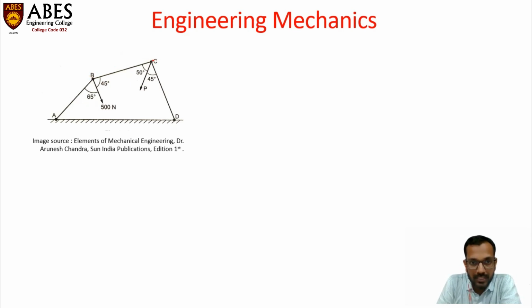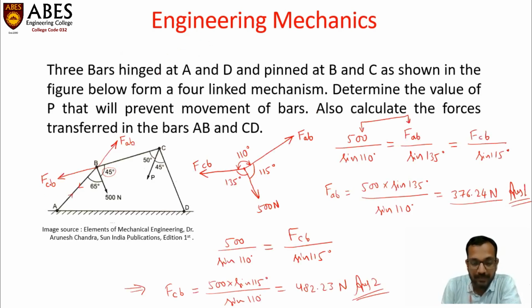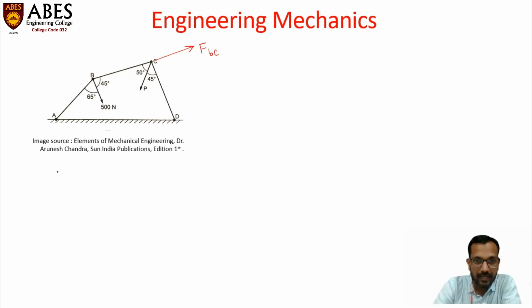So we can show this force like this, FBC. Previously, that was FCB. Now we are writing it like this, FBC, from point B towards point C. Magnitude-wise, this force will be equal to FCB. There will be no difference in its magnitude. Only the symbol is different because it is acting just opposite to the previous one we discussed earlier.